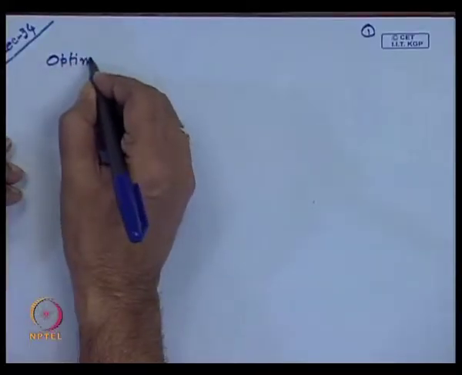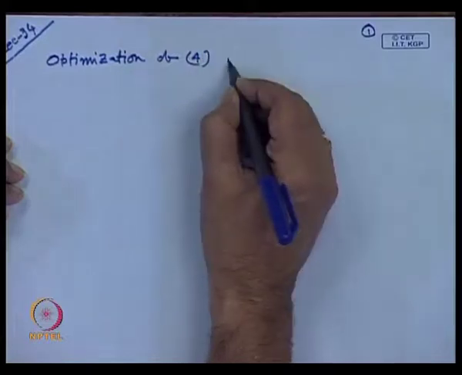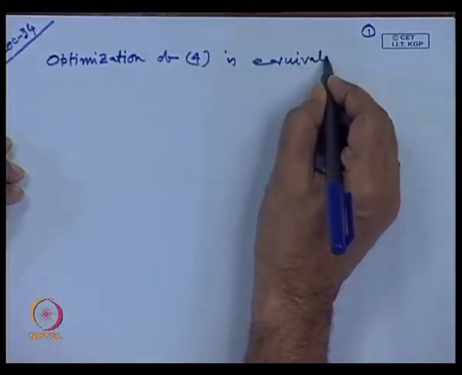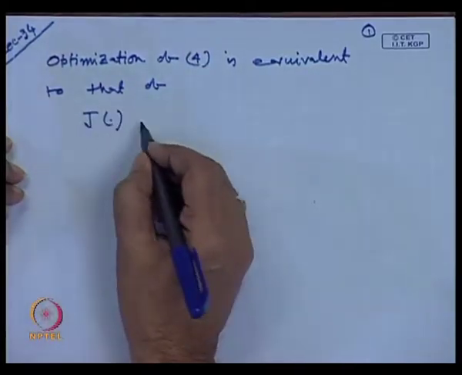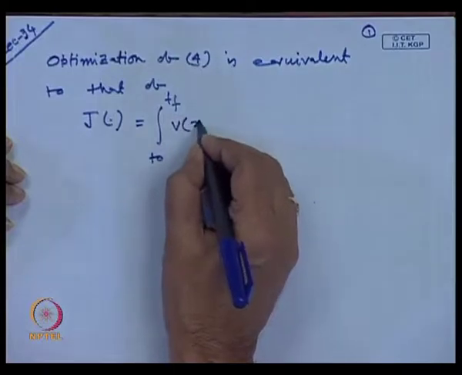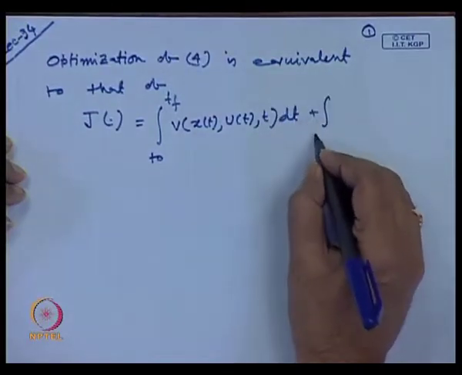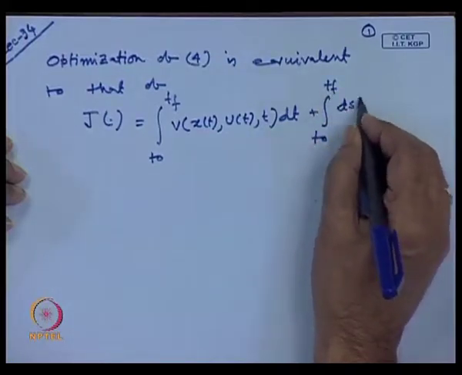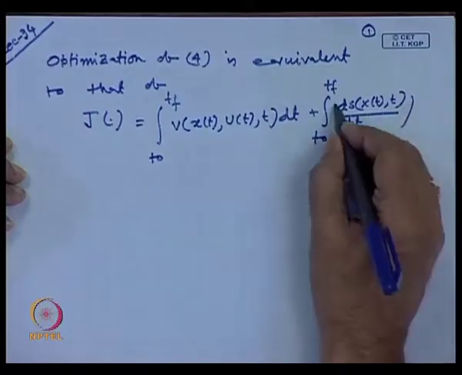So, instead of equation 4 we can rewrite it: optimization of equation 4 is equivalent to that of J is equal to the integration from t 0 to t f of the same expression, except the constant term, plus the integral from t 0 to t f of d s of x of t, which is a function of x and t, the terminal cost, into dt.